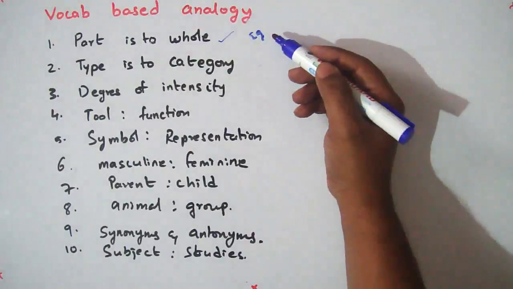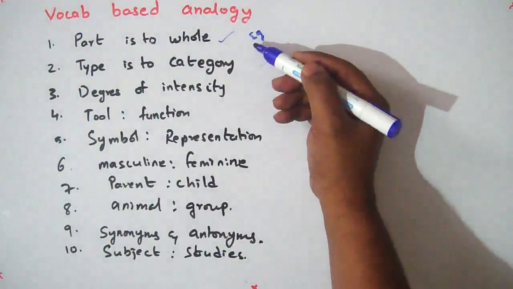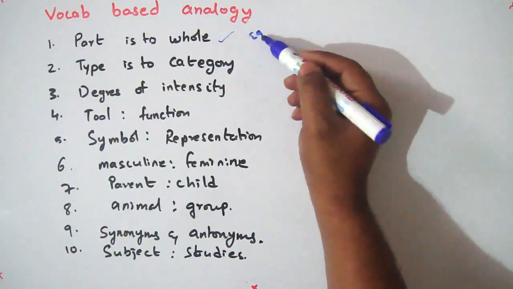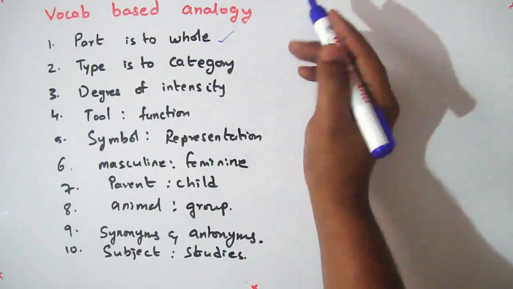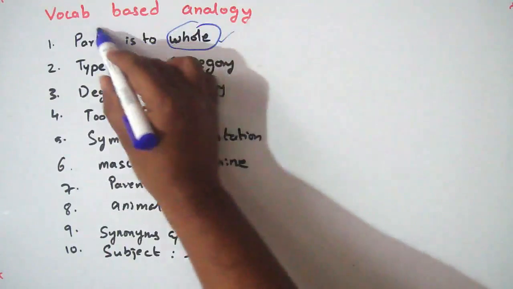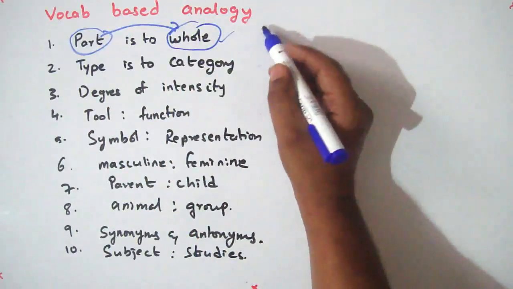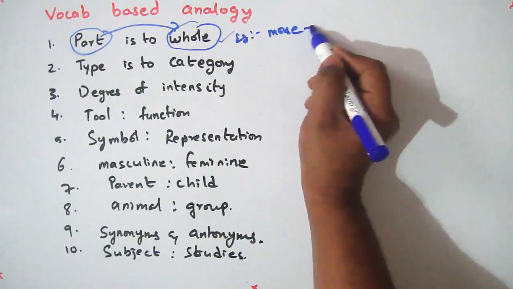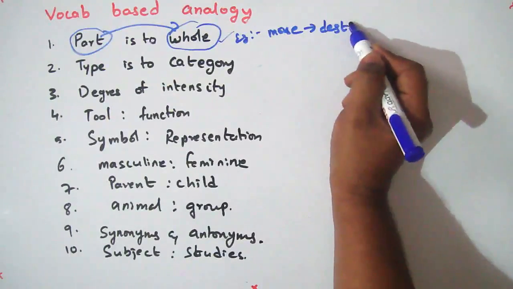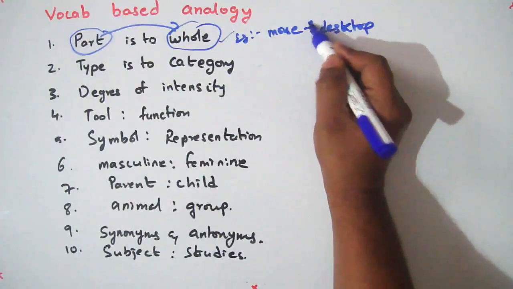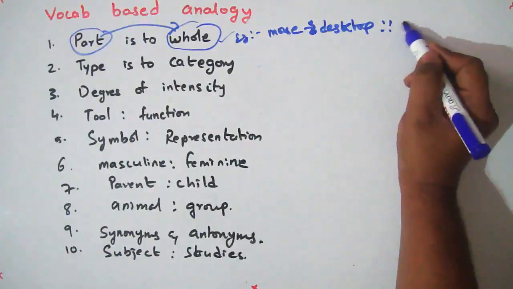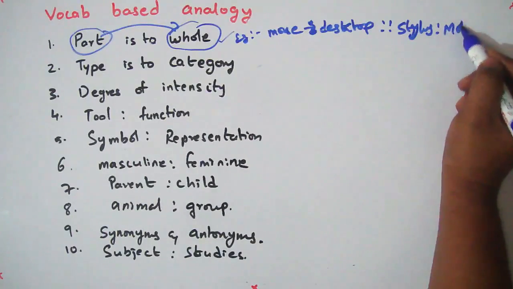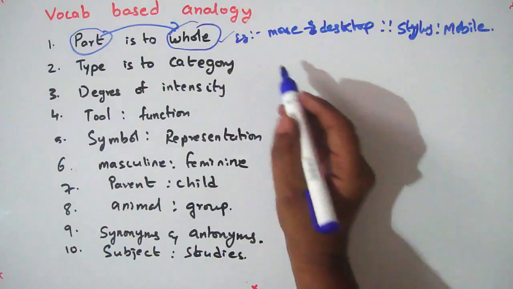In vocabulary based analogy, there are many subdivisions within the vocabulary based analogy. The first one is part is to whole. Part is nothing but, for example, in the whole thing, there is one part in the whole thing. For example, we can say that a mouse to desktop computer is same as a stylus in mobile phone.